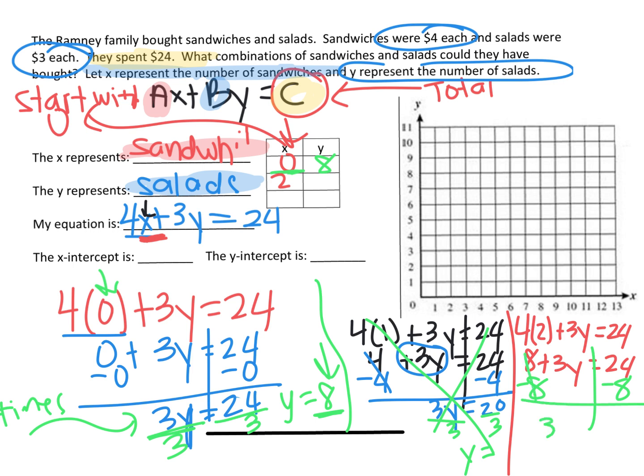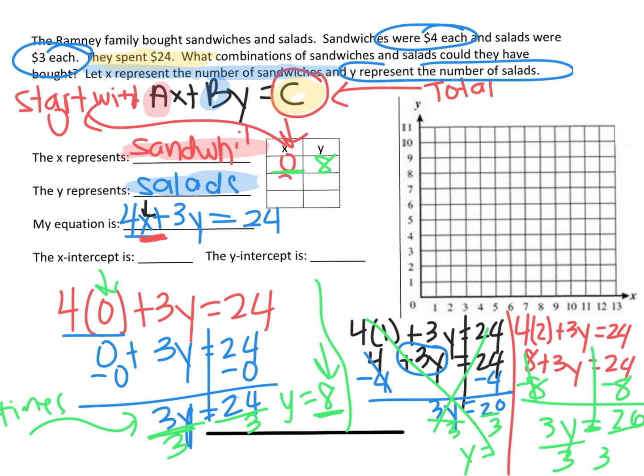And we have 3Y equals 24 minus 8, which is 16. Is 16 divisible by 3? No, it's not. So I can't put 2 into my table. I'm going to erase 2 now, and I'm going to try the next number.